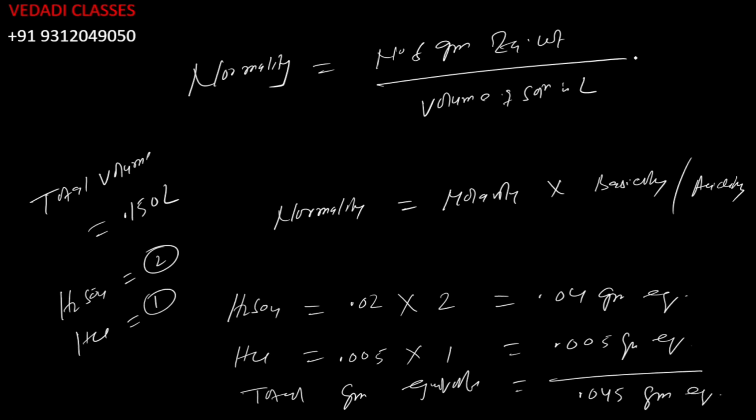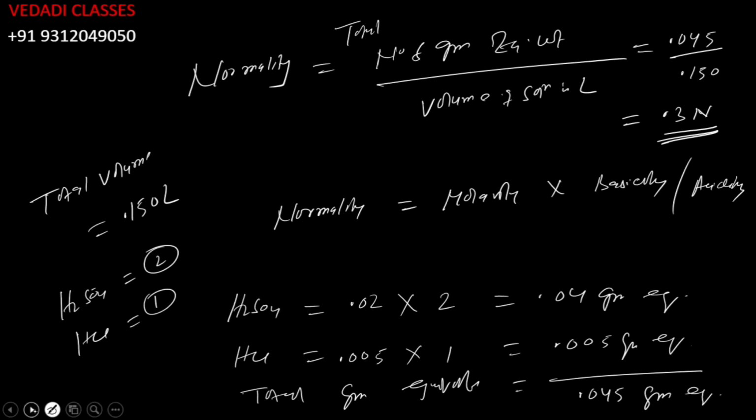So total gram equivalent 0.045 divided by volume of solution in liter, 0.150, and when you solve this, it will come 0.3 N, and this is the resultant concentration for the solution when both are acids.